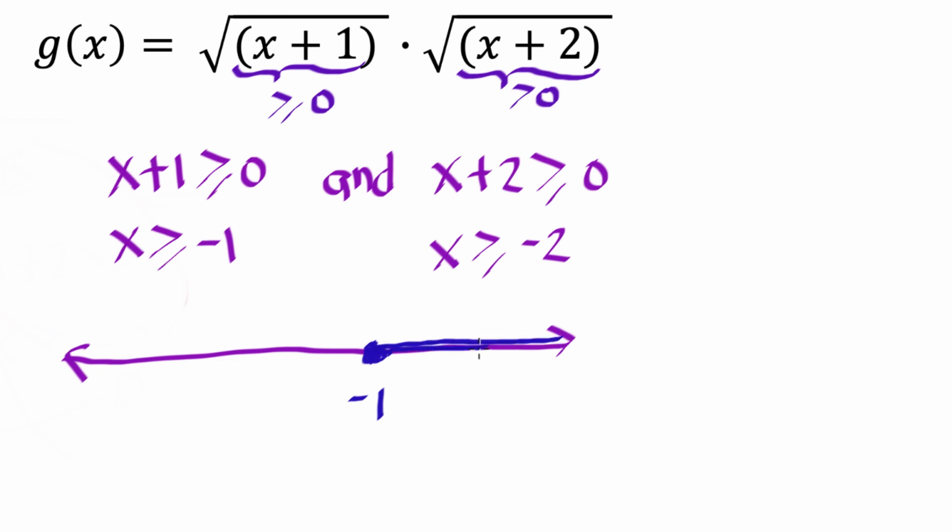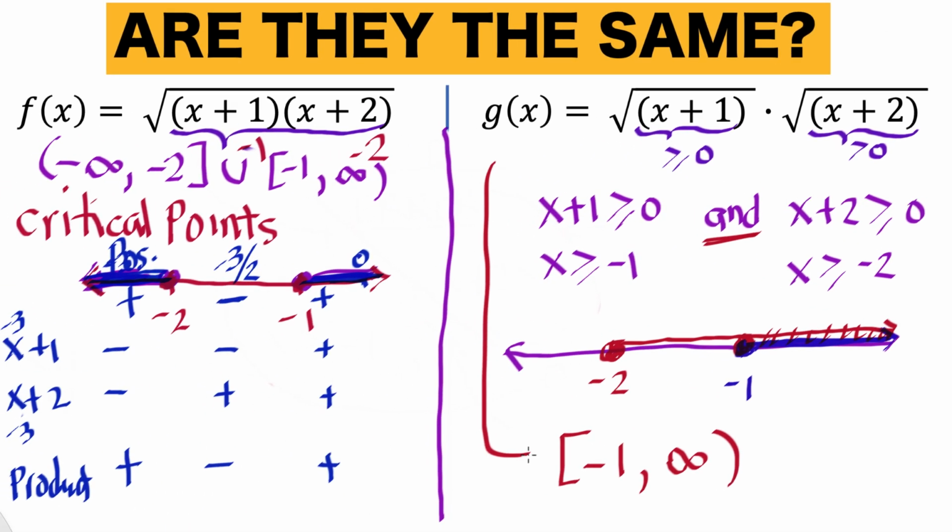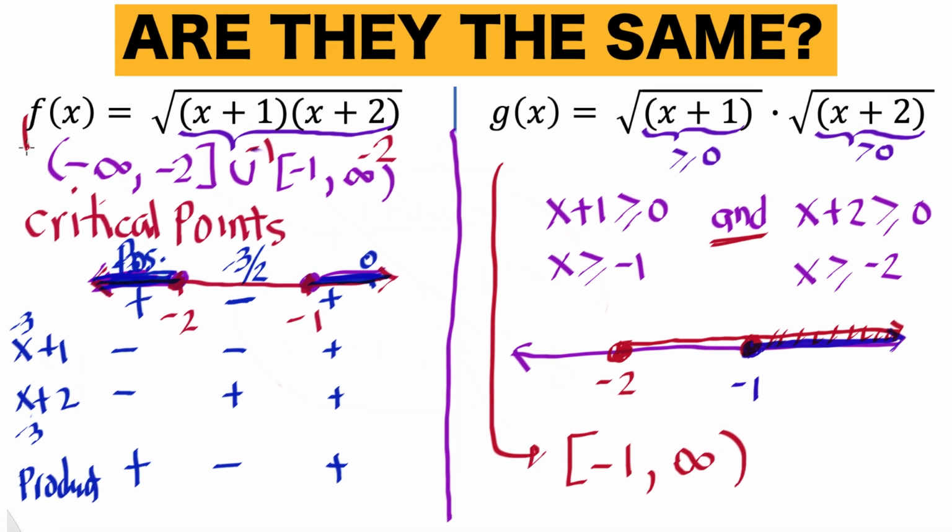It's greater than or equal to negative 1. And here, x is greater than or equal to negative 2. Here is negative 2. The endpoint is included, and we are going this way. So we have here and, so we are after the intersection, and this part is the intersection, and that is from negative 1 up to positive infinity for the domain of g, whereas this is the domain of f.